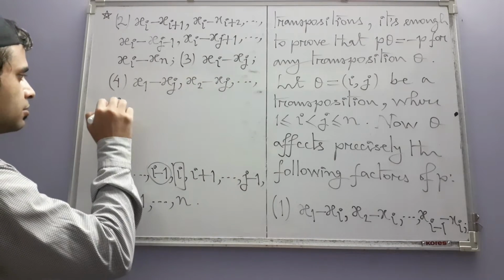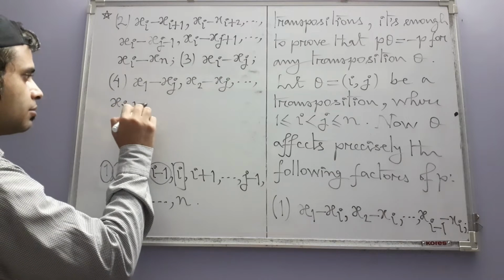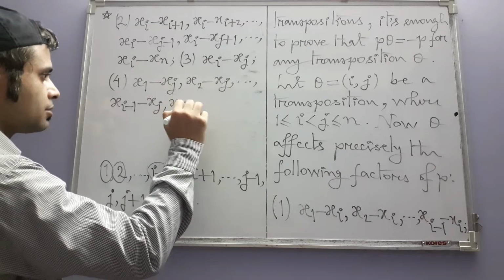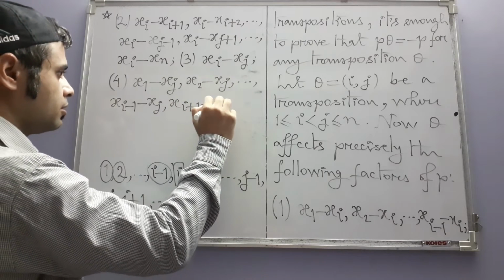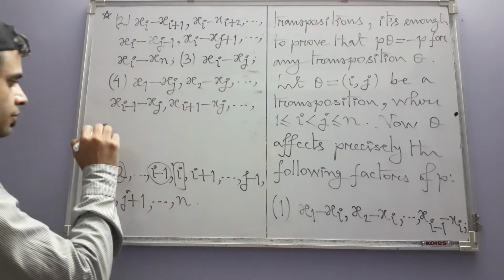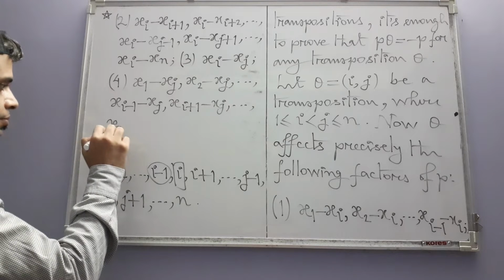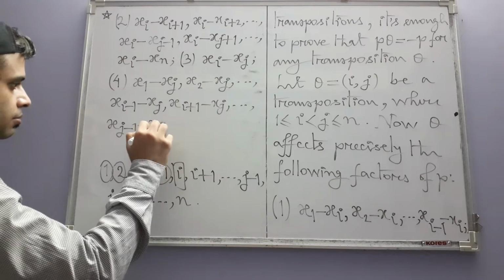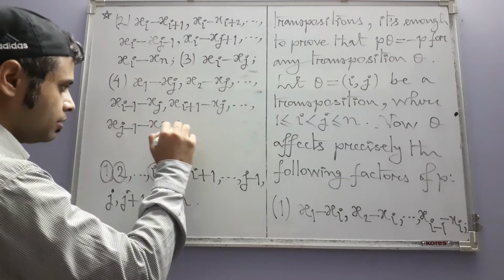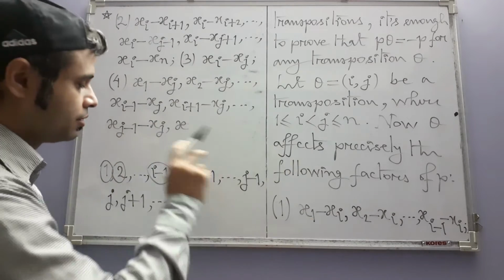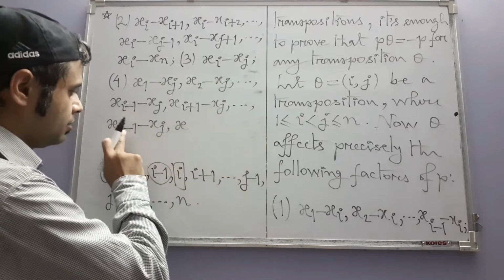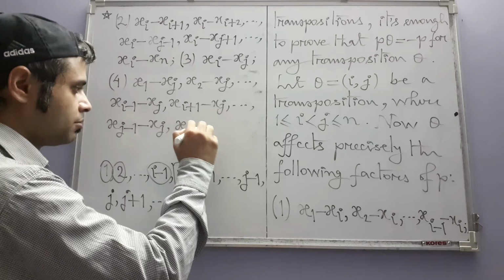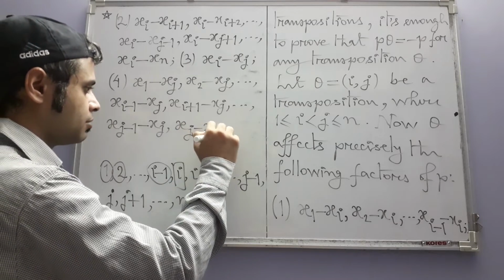So that means xi minus 1 minus xj, xi plus 1 minus xj, and then xj minus 1 minus xj. Then when we write the higher suffixes, you have to of course start with j, because j is less than j plus 1.